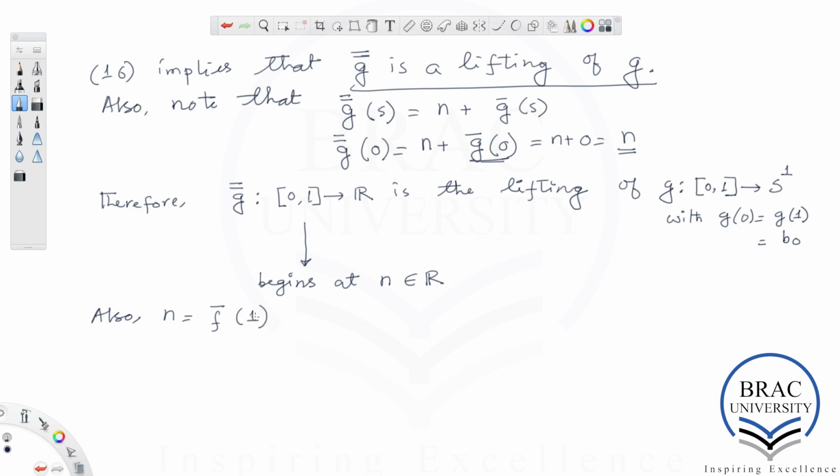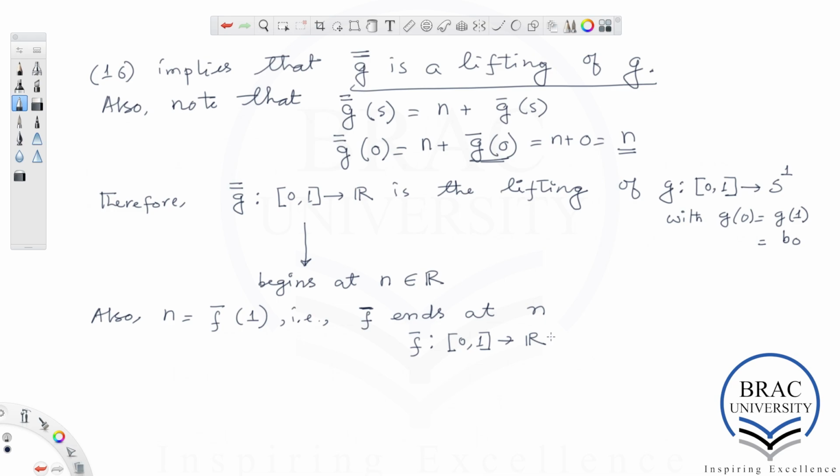Okay, we chose F bar of 1 to be n, remember? That is, F bar ends at n, where F bar is a map from 0, 1 to R as well.